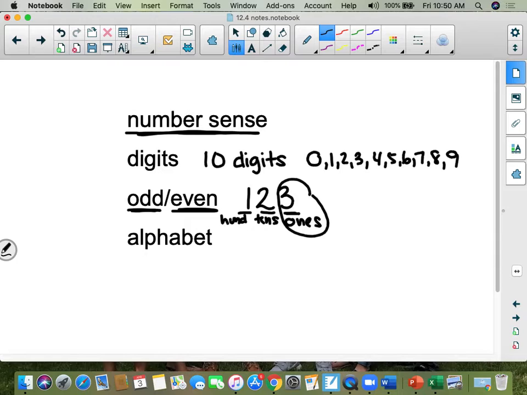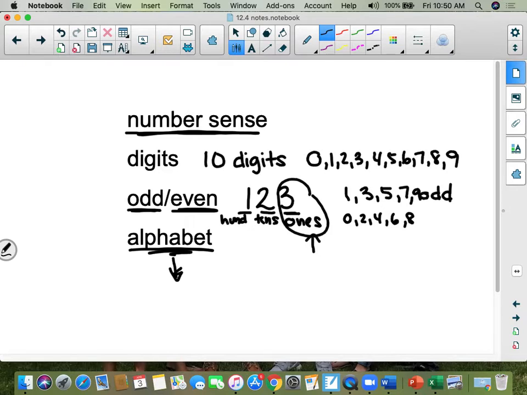If the number is a 1, a 3, a 5, or a 7, it makes it an odd number. Forgot the 9, sorry. And if you have 0, 2, 4, 6, 8 in the ones spot, it makes it an even number. You also have to know about the alphabet.